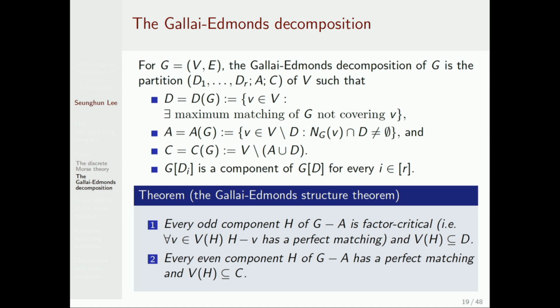This decomposition has the following conclusions. Every odd component H of G minus A is vertex critical.